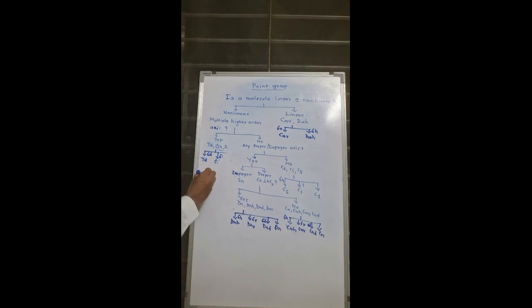Another molecule is iron pentacarbonyl. The shape of this molecule is trigonal bipyramid.